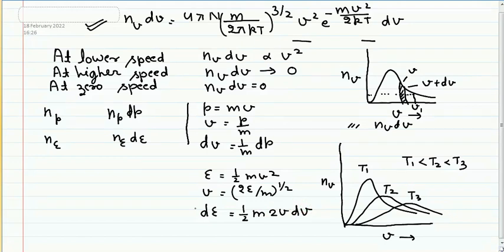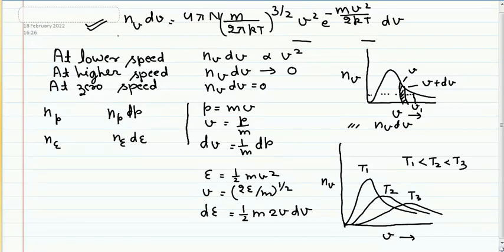So using these relations we can replace the velocity in terms of the energy E and dE. In this way we can have the distribution function in terms of the momentum, in terms of the energy, or in terms of the velocity. So this is our master distribution function.